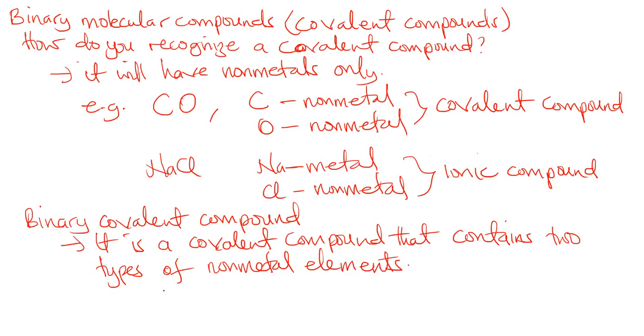So for example, CO has carbon and oxygen only. If we do CO2, this one also has carbon and oxygen only, so it is a binary compound. So if we have C2H6, this one has carbon and hydrogen only, so it is a binary compound. So all these are binary compounds.